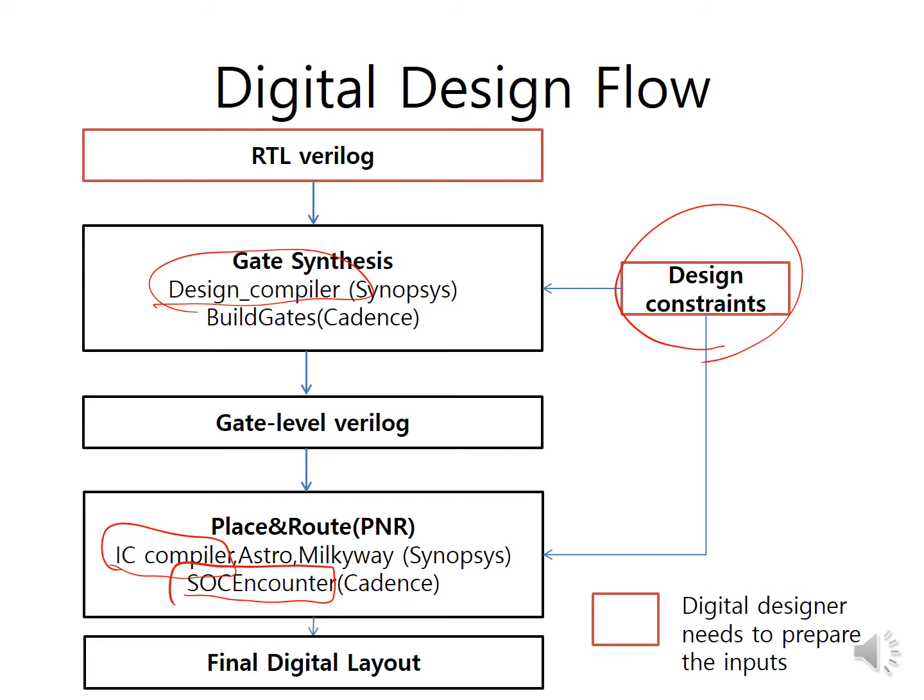For example, the clock speed, the logic delay for a specific path, clock skew, input delay and output delay, maximum transitions, all kinds of constraints you can provide. Once the tool gets such constraints, it tries to synthesize the block, satisfying such design constraints or requirements.